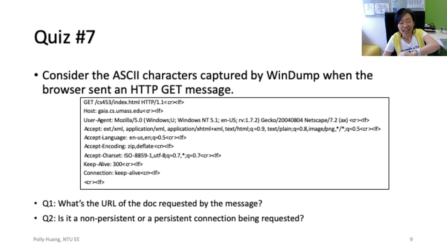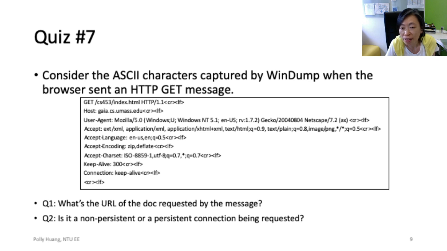Good timing. Yeah, so quiz number 7 is right here. What you're asked to do is very simple. Let's suppose that we actually captured an HTTP request message with the GET command. It looks like what I depicted in the square there.